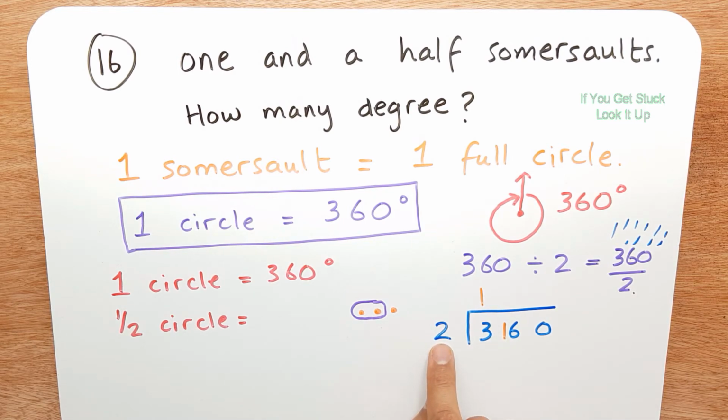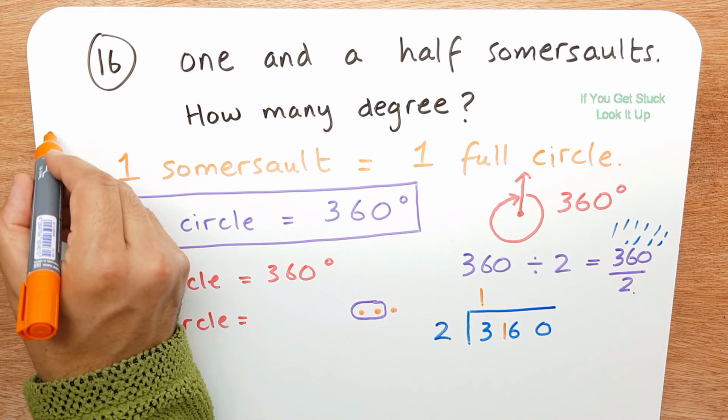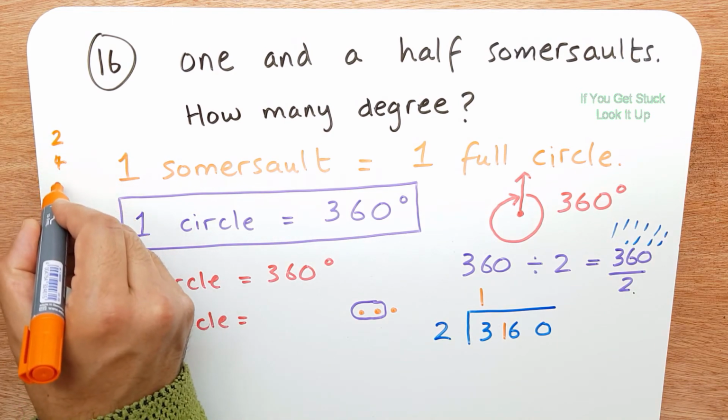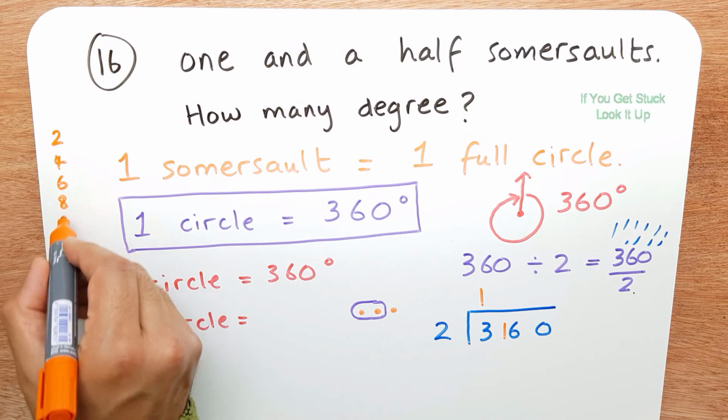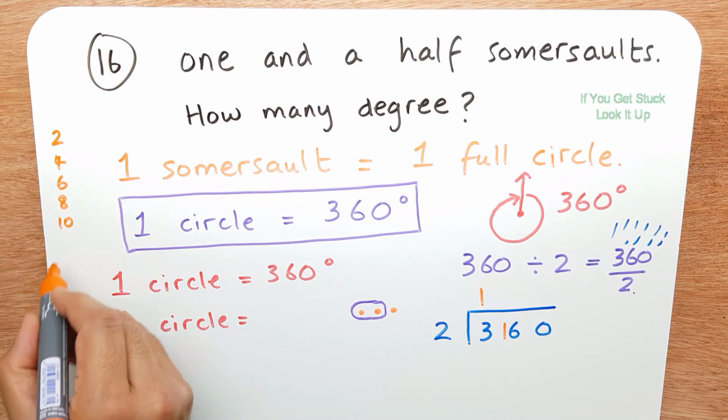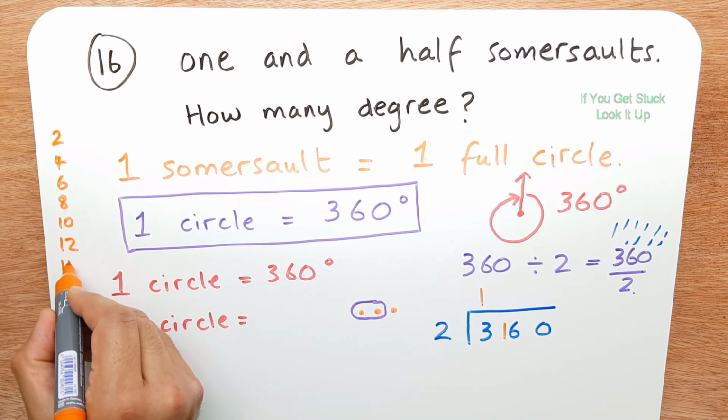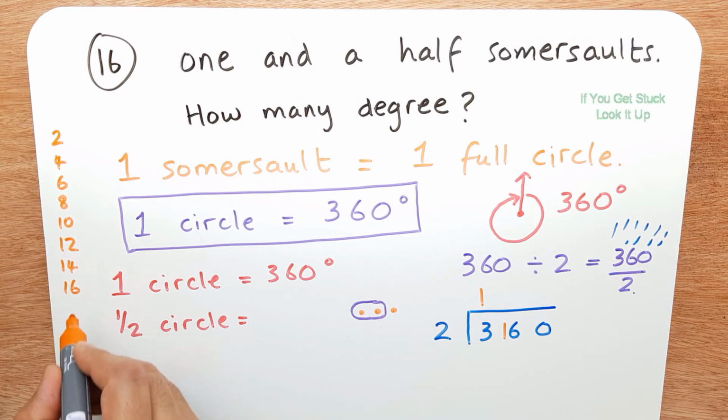Now I have how many 2s are there in 16? Now it's important you learn your halves and your doubles, but we can do this using the 2 times table. So let's do that over here. 2, 4, 6, 8, 10, 12, 14 and 16.